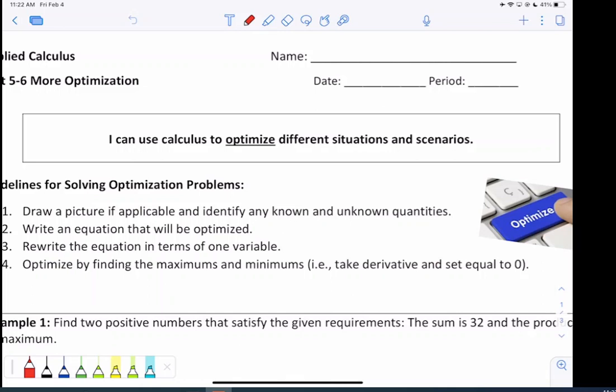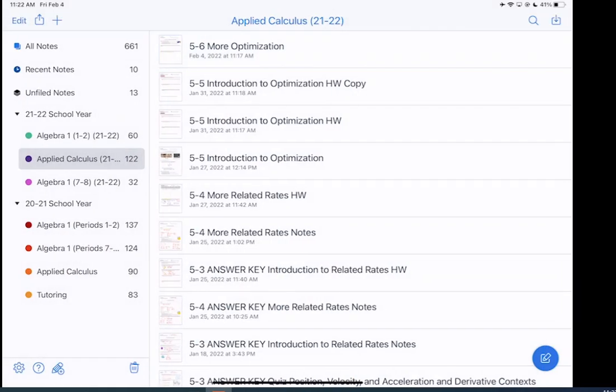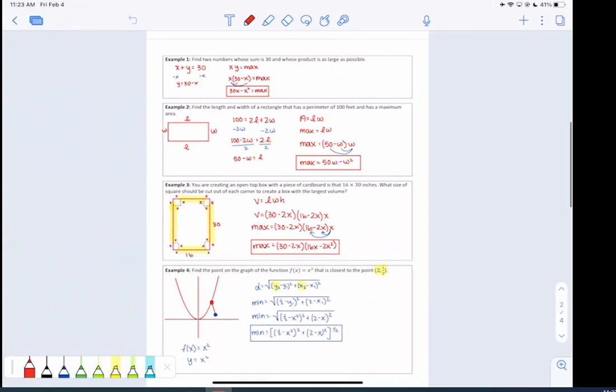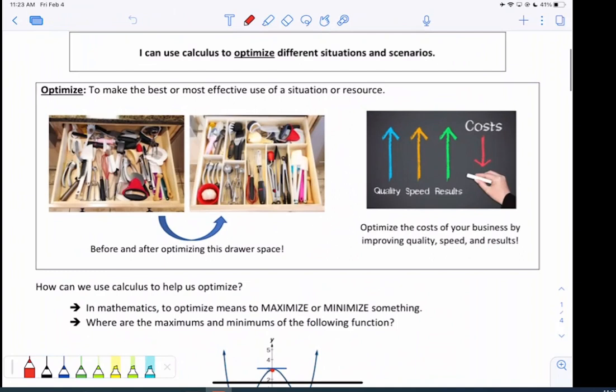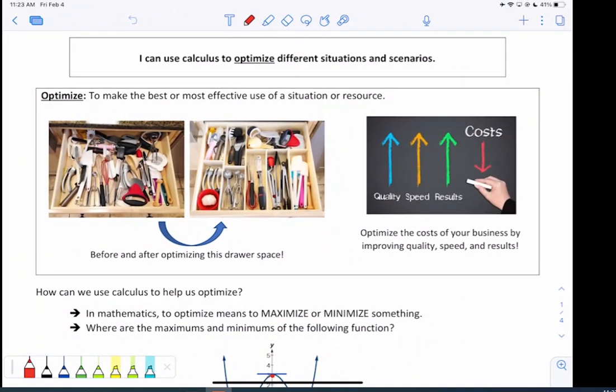So our goal today is I can use calculus to optimize different situations and scenarios. The main thing that I want us to remember today, when we talked about optimization at first, to optimize means to make the best or most efficient use of a situation or resource.